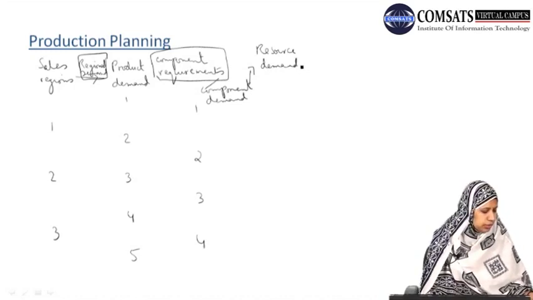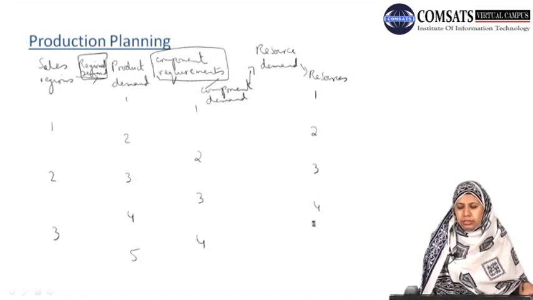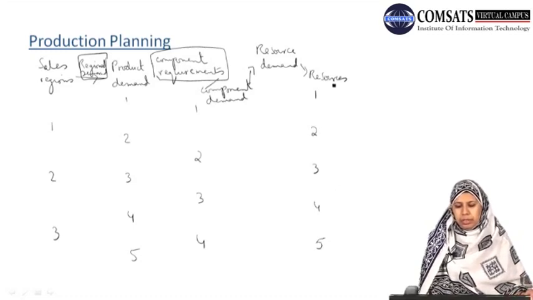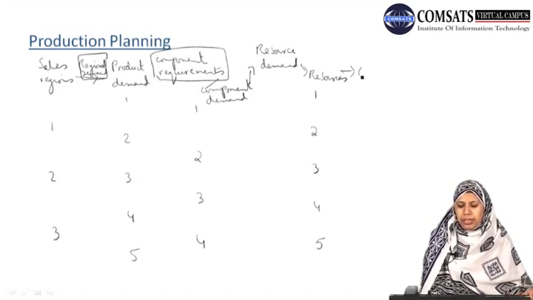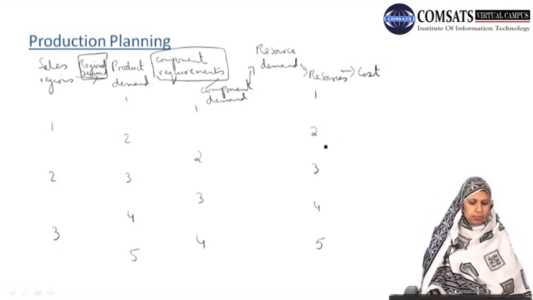And our resources are 5, that is 1, 2, 3 standard parts and some hours from the production labor and some hours from the assembly labor. And then we are provided with the cost for each of the resources.